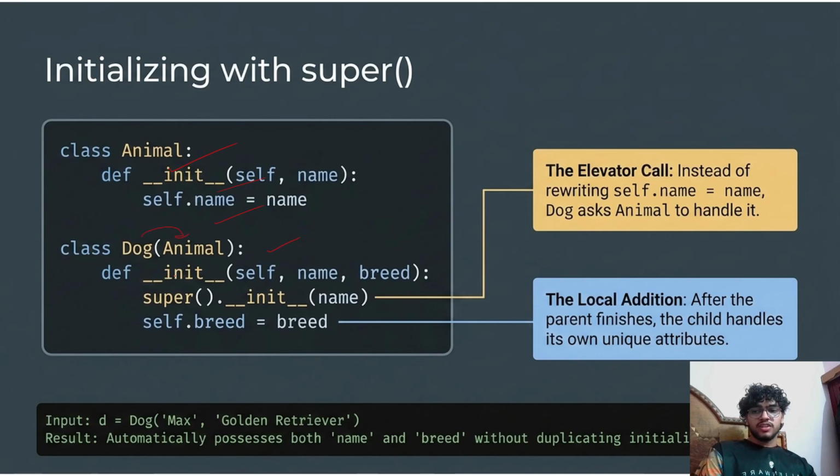You also create a constructor here, so this name can now be used in the entire dog class. With super().__init__, you are initializing the name of the animal class into the dog class.